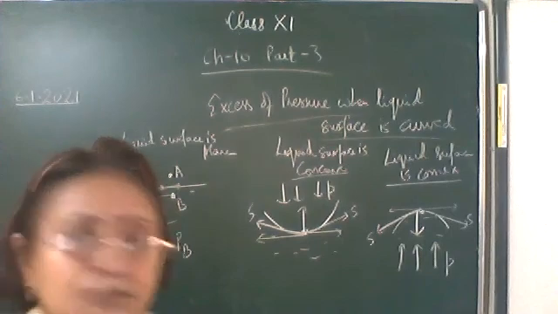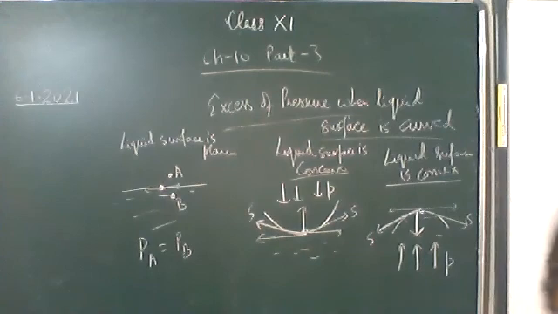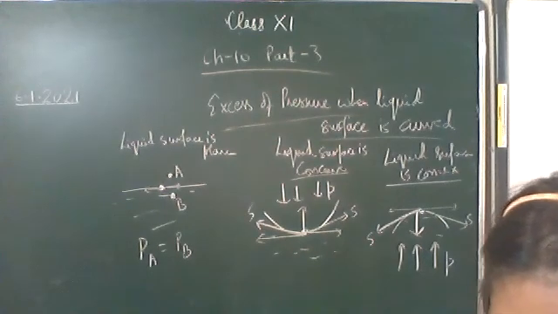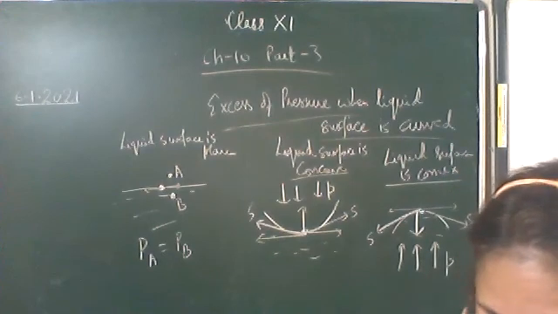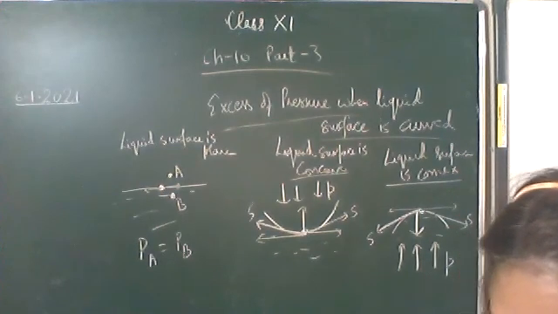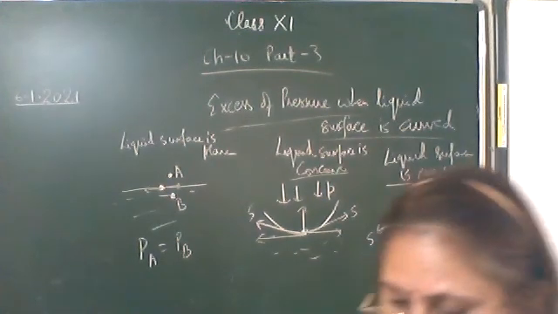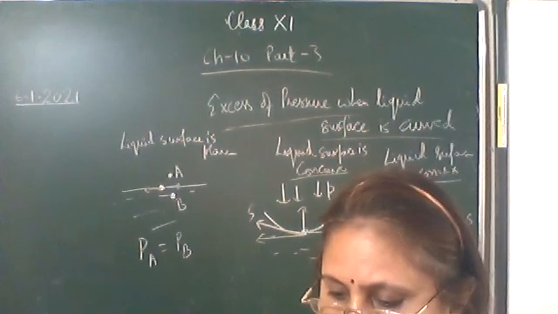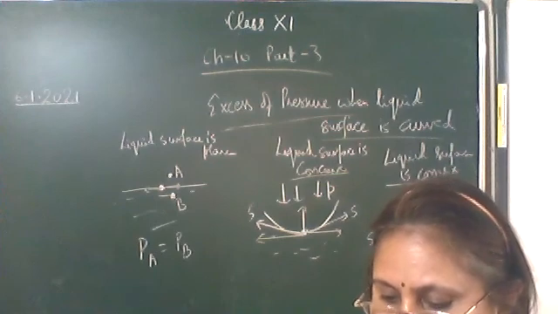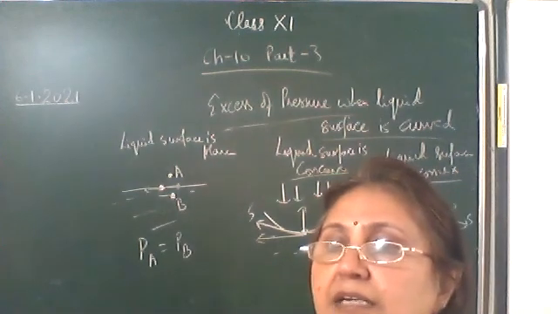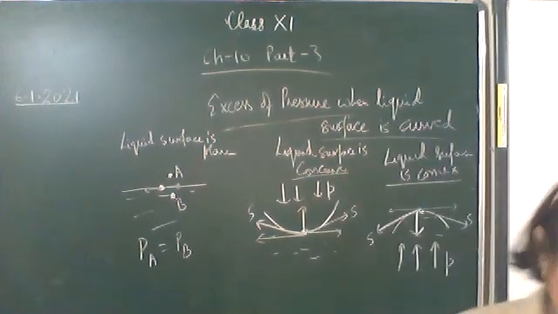Okay, draw the figure. Now write down. If the liquid surface is plane, there is no excess of pressure on either side. Either means air and liquid side.